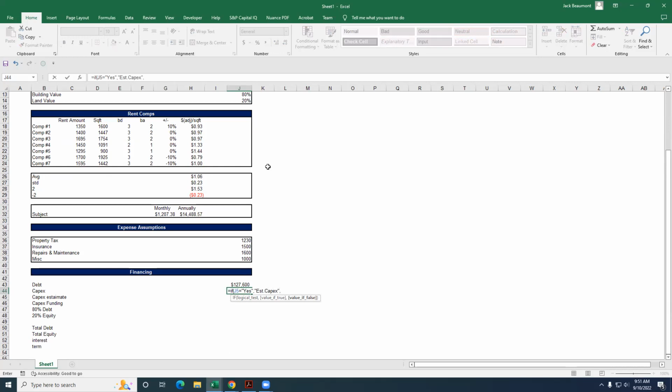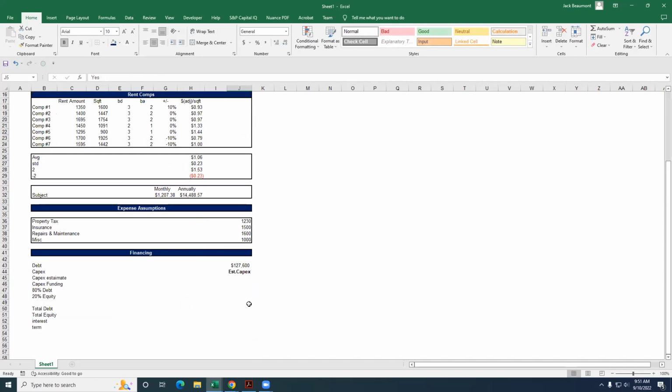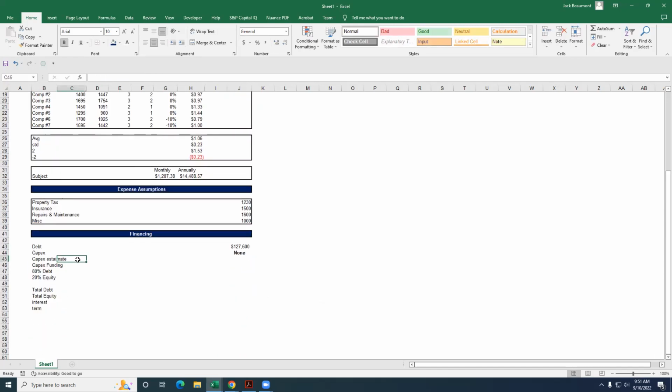Value is false, it's going to equal, let's do none, because the false statement is going to say no. It's the same thing. So none. That works. Now if I change this up here to yes, this changes to estimate capital, and then you're going to put in the estimate down here. Okay, hopefully that makes sense. If statements are great for financial modeling, you'll use them a lot.